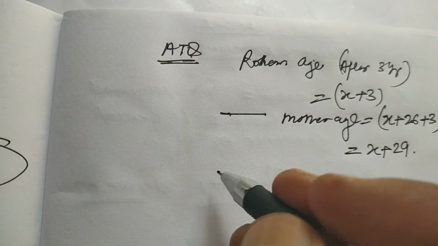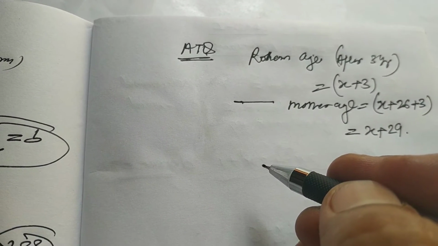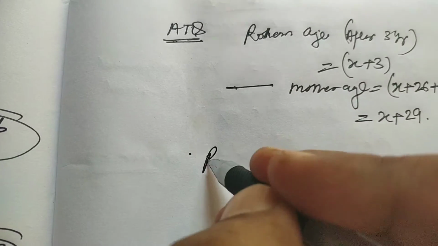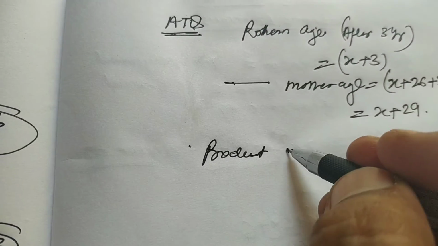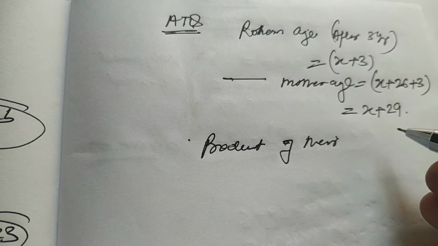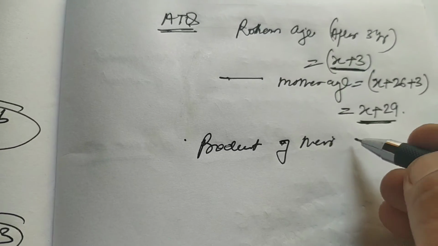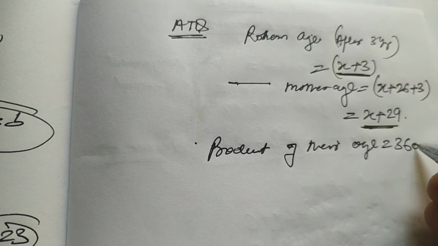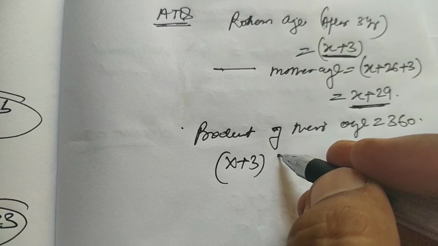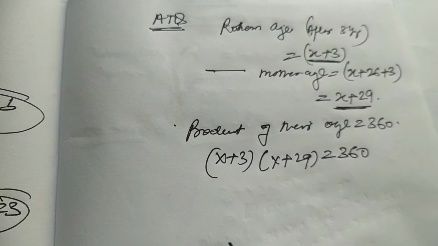Then the product of their ages will be 360. That means the product of their ages, mother's age into Rohan's age after 3 years, that is x plus 3 into x plus 29, is equal to the given 360, right?